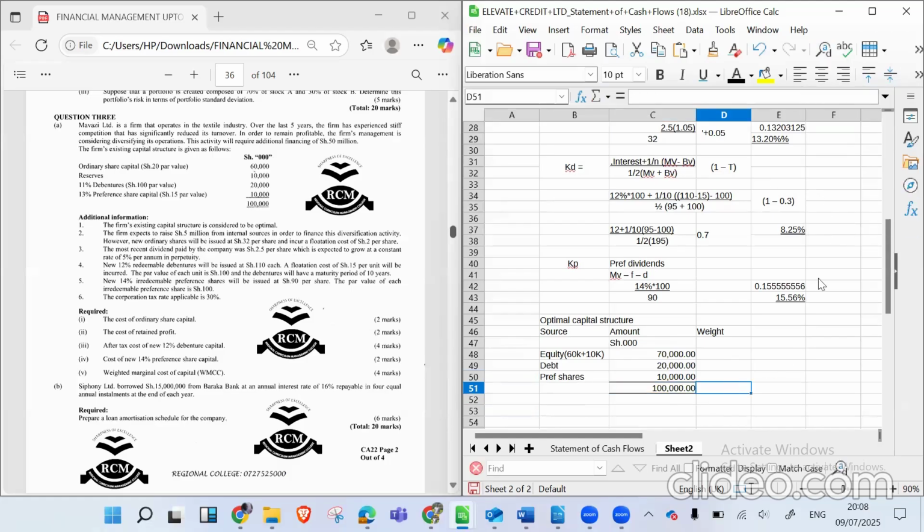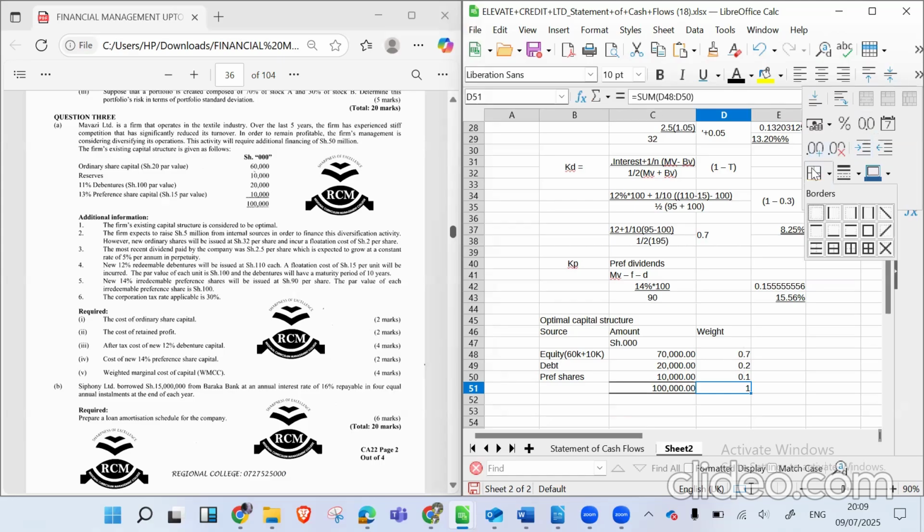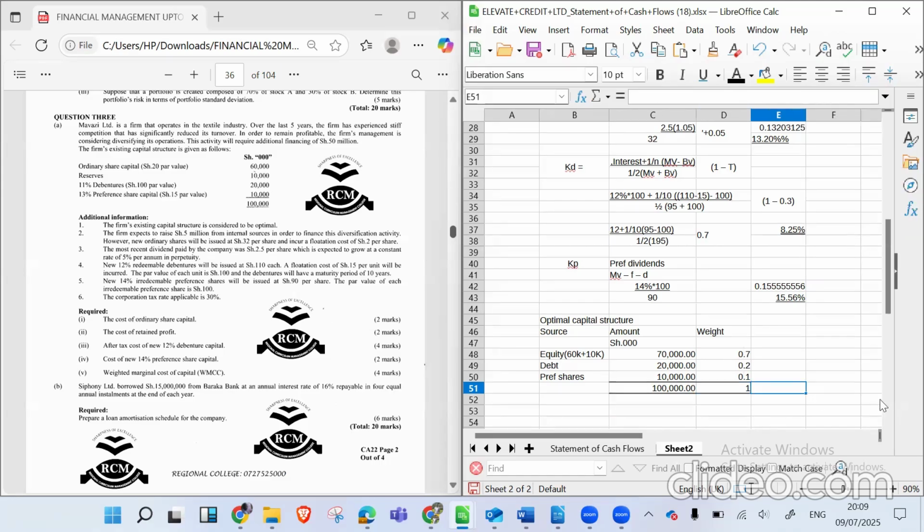So do we have the weight of equity, the weight of debt, and the weight of preference shares? 70 divided by 100, 0.7. 20,000 divided by 100,000, 0.2. And 10,000 divided by 100,000, 0.1. Total weight I can see is 1. So we're okay with that. I hope that they have not gone so fast.